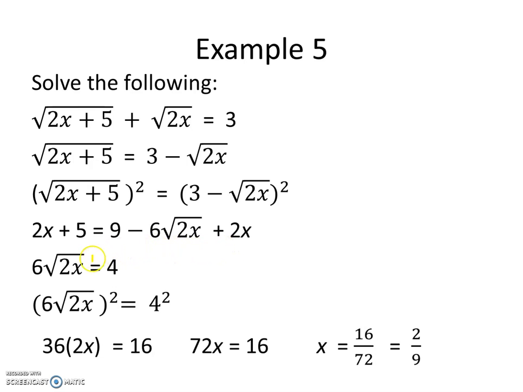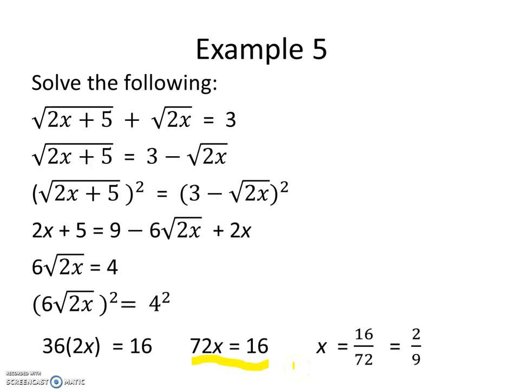Combining like terms, we find that 6 times the square root of 2x equals 4. And now we square both sides of the equation to get rid of that radical 2x. And we get 36 times 2x. And on the right side, we get 4 squared, which is 16. 36 times 2x is simply 72x equals 16.